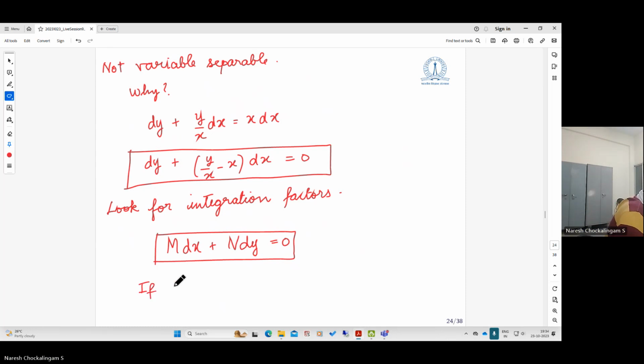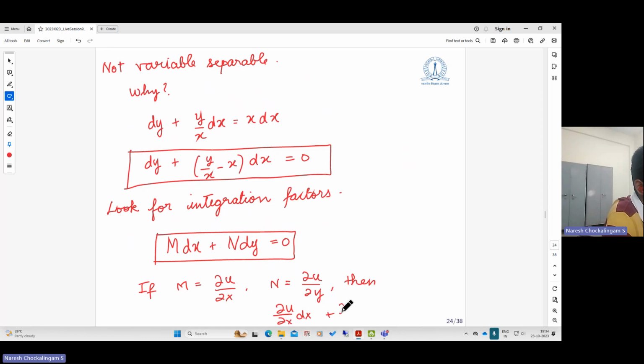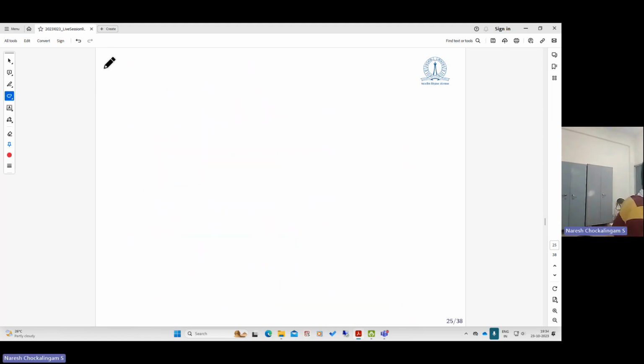If m is partial u with respect to x and n is partial u with respect to y, then what we have is partial u with respect to x dx plus partial u with respect to y dy is equal to 0. Right? If this is the case, then the solution is direct.